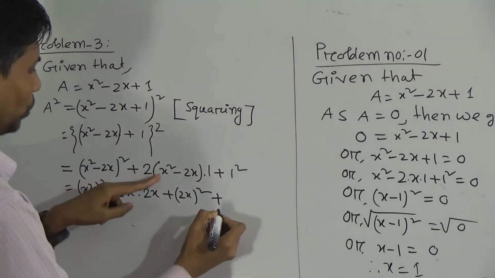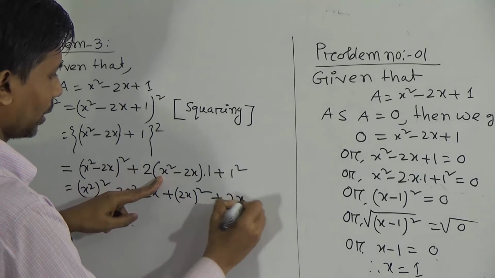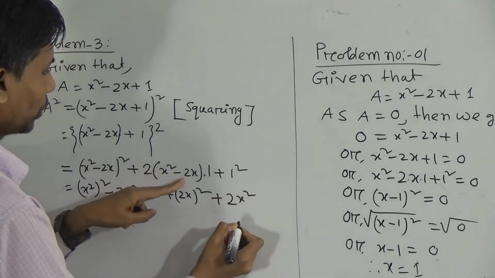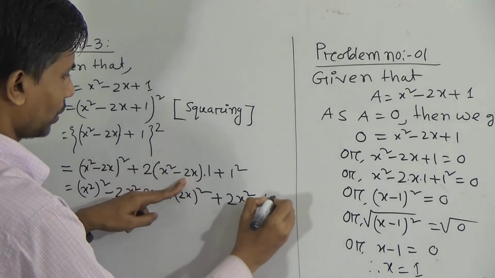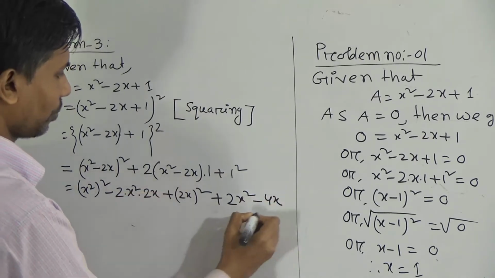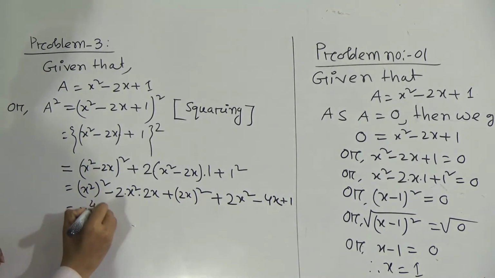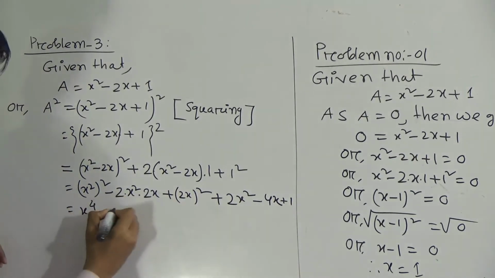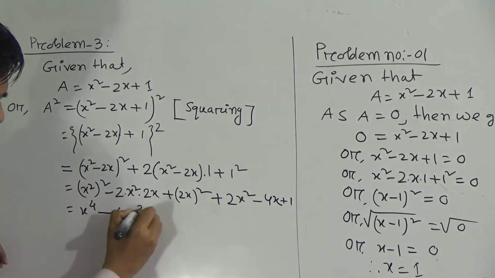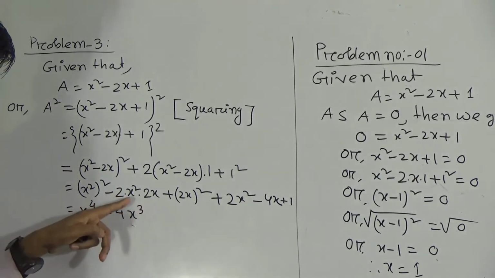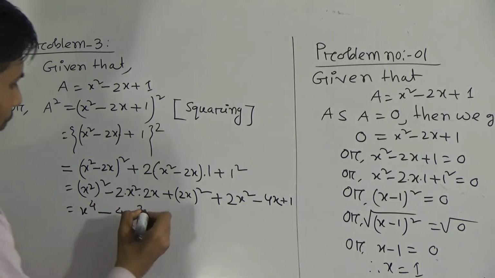then 2x square, right, 2x square, 2 into 2x equal to what? 4x plus 1. This is equal to what? x power 4 minus 4x cube, because 2 times 2x square into x equals 4x cube.